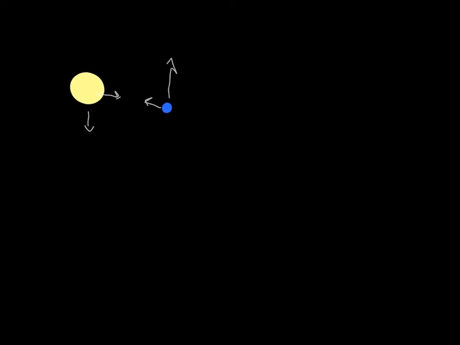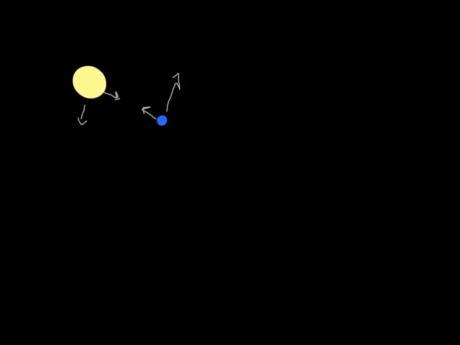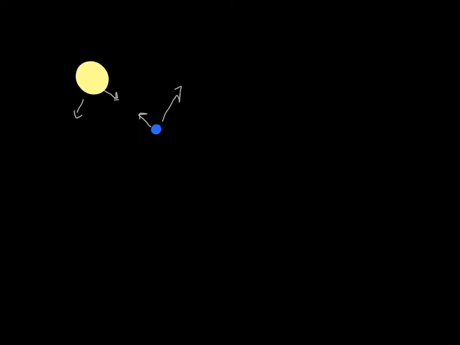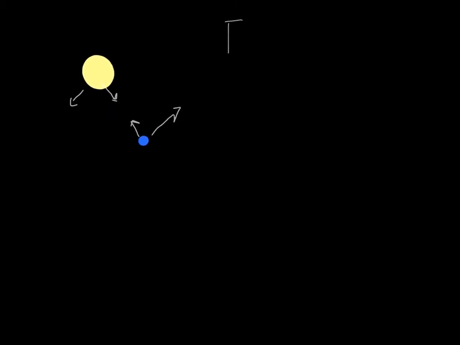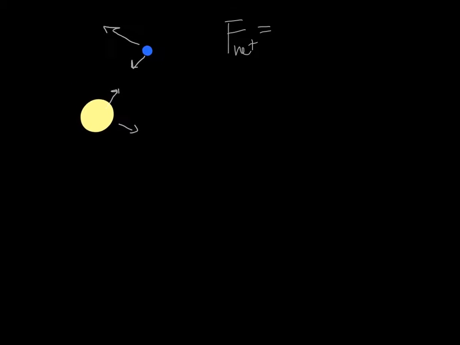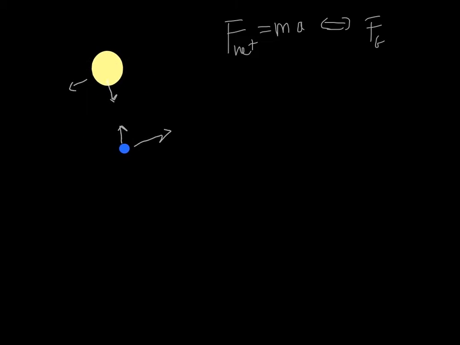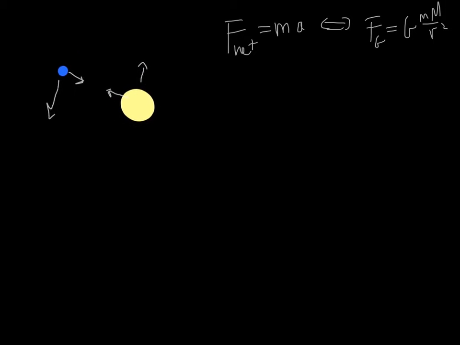Okay, so the notion is we have two relationships that Newton described. One tells us how the motion of objects depends on the forces that are acting on them, and the other tells us how the gravitational force depends on the mass and positions of the various objects. All we have to do is to put those two guys together to see how this thing turns out. So you take the fact that the net force acting on an object changes its motion, and you tie that together with the fact that the gravitational force depends on the position and the masses of the objects and how far apart they are.